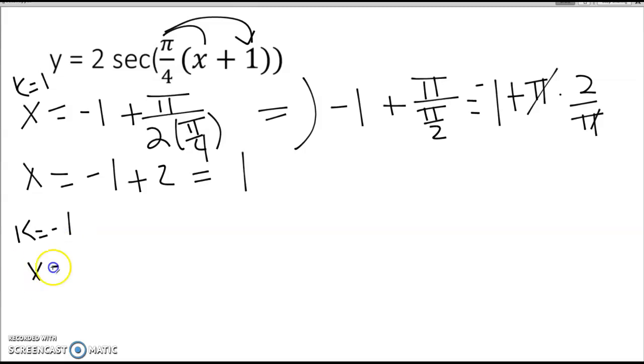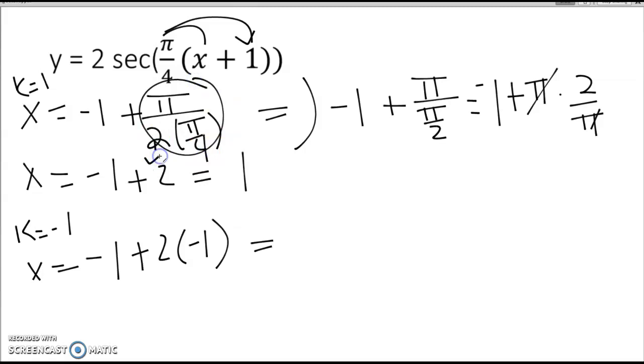So x is equal to negative 1 again, and we already know this is going to be plus 2. This time I'll multiply it times negative 1, right? Because we've already done this calculation. It's going to be the exact same every single time, and I just know I need to multiply by that k factor. So I get negative 1 minus 2, which is negative 3.